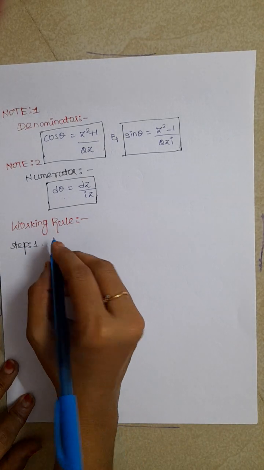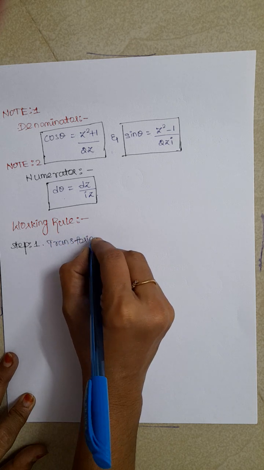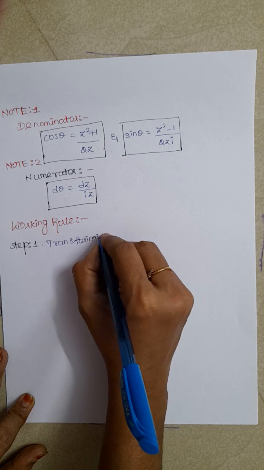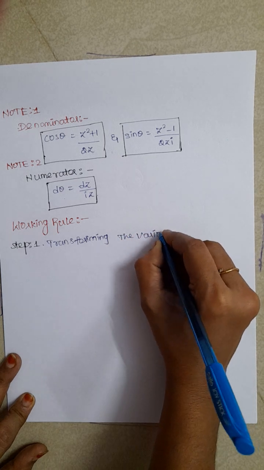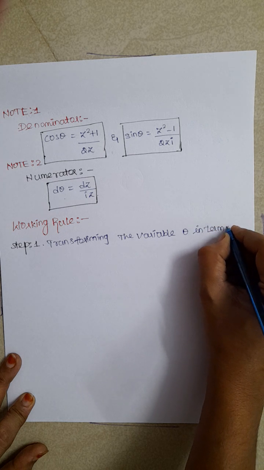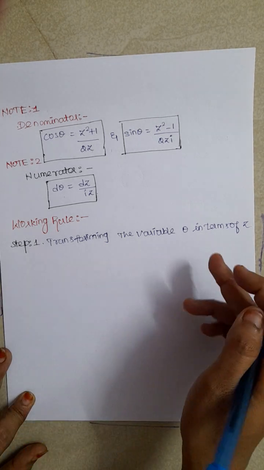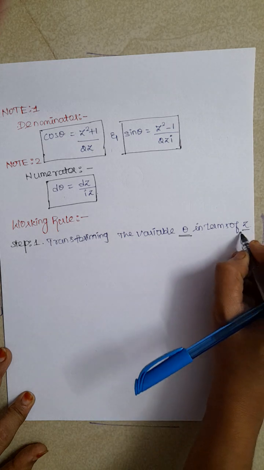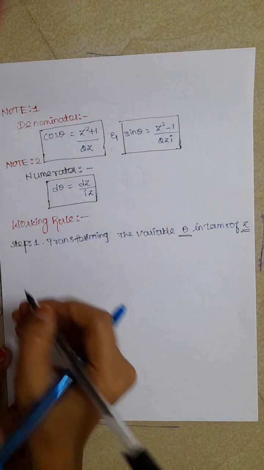The first step is transforming the variable theta in terms of z. Okay. Step 1 is transforming the variable theta into z. The theta term in the given problem, you can convert to z by using this note. Okay. Next, step number 2.